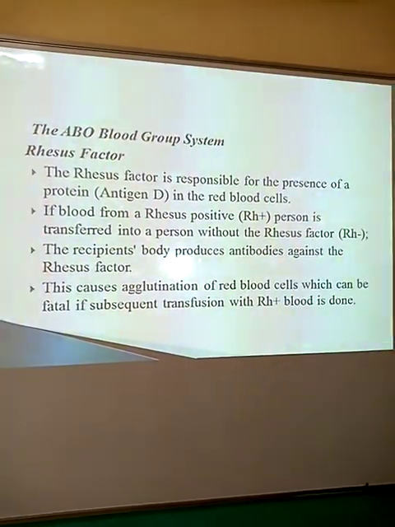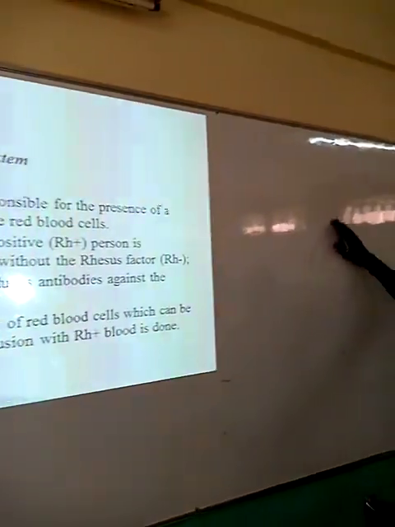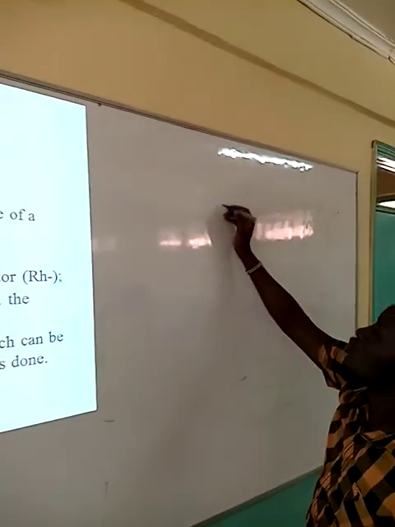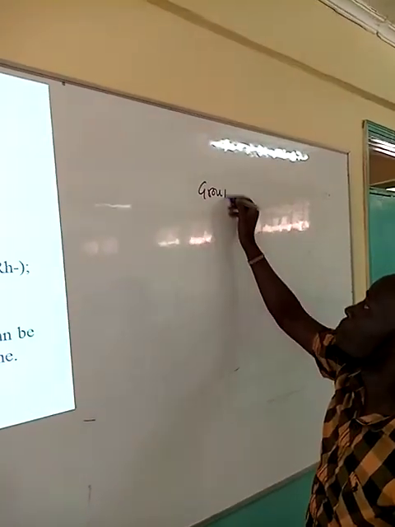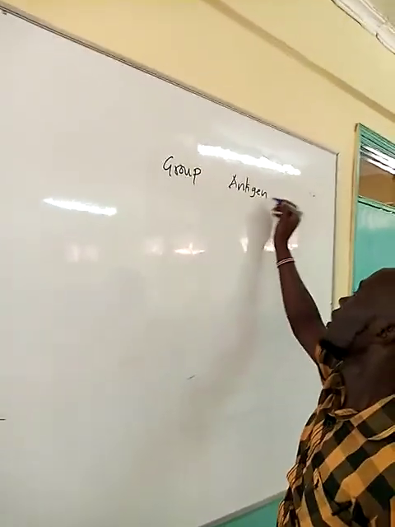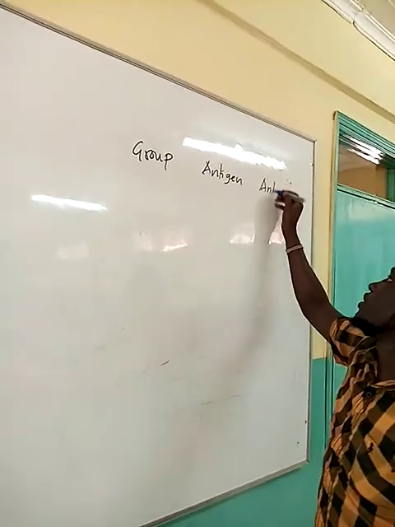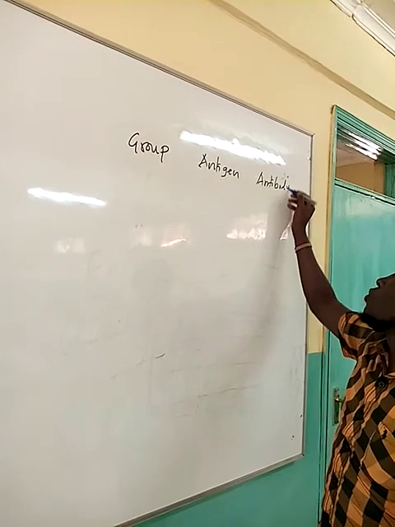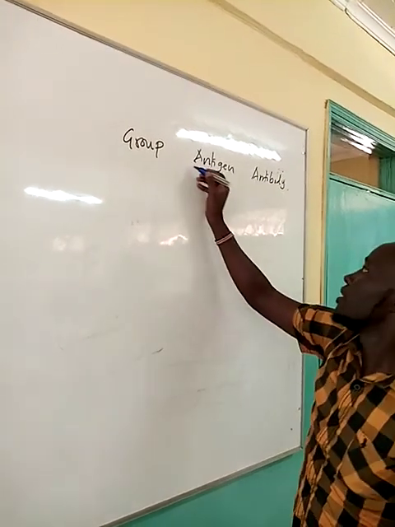But before that, let us have a look at this. When we are looking at a blood group, we have what we call antigen and what we call antibody. A blood group is determined by these two.